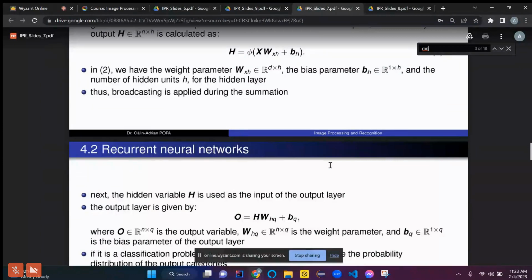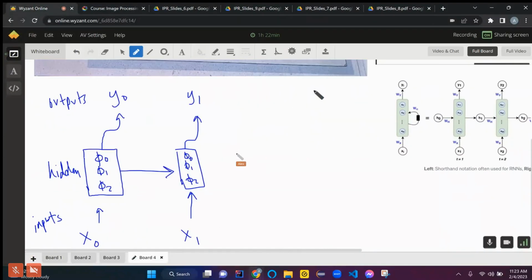Again, there's stuff that's implicit here, if it's 2 outputs.